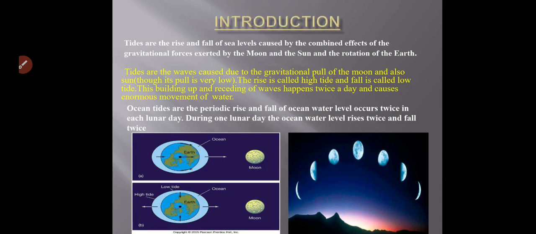The building up and receding of waves happens twice a day and causes enormous movement of water. Ocean tides are the periodic rise and fall of ocean water level that occurs twice in each lunar day. During one lunar day, the ocean water level rises twice and falls twice.